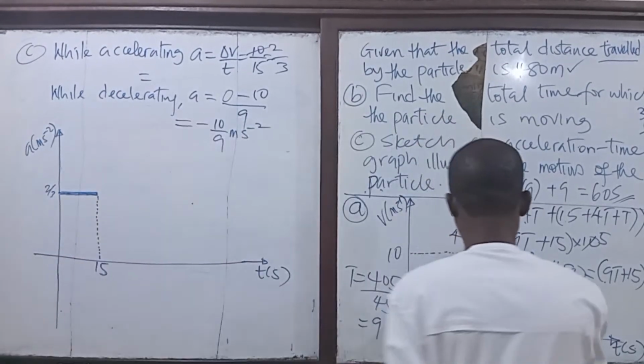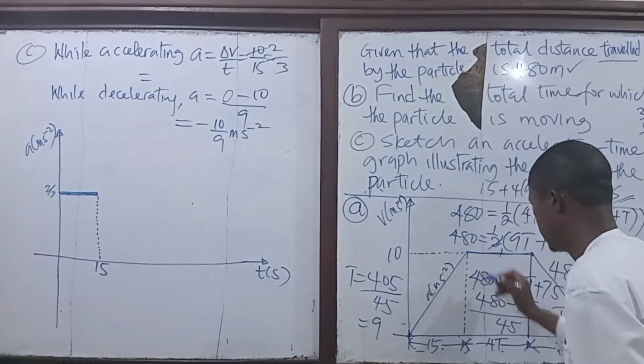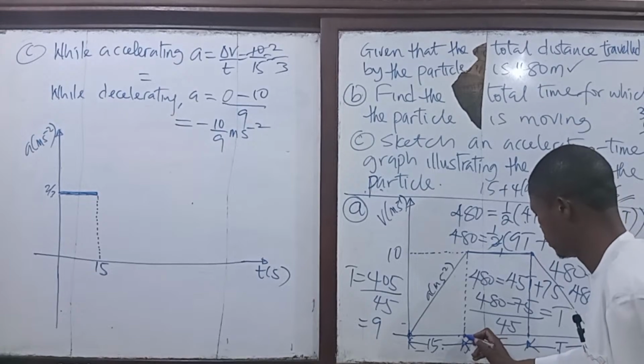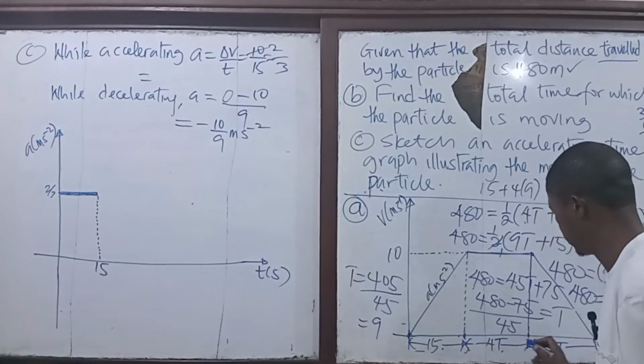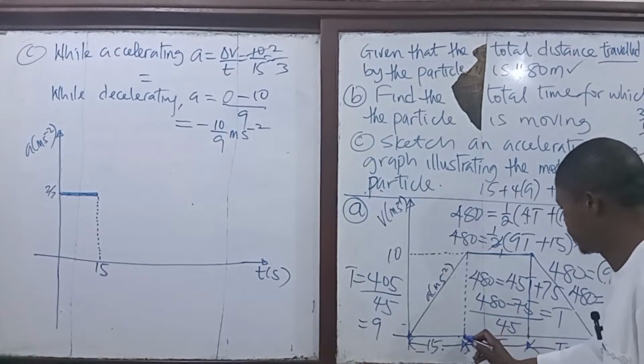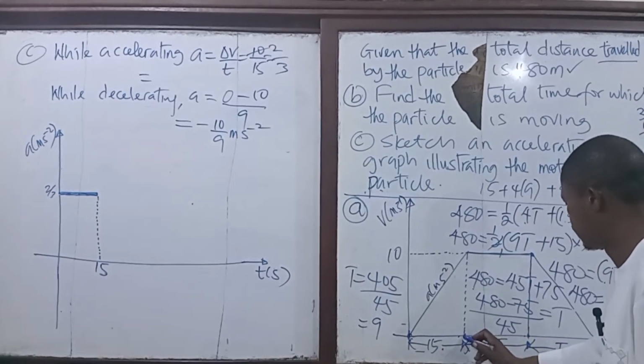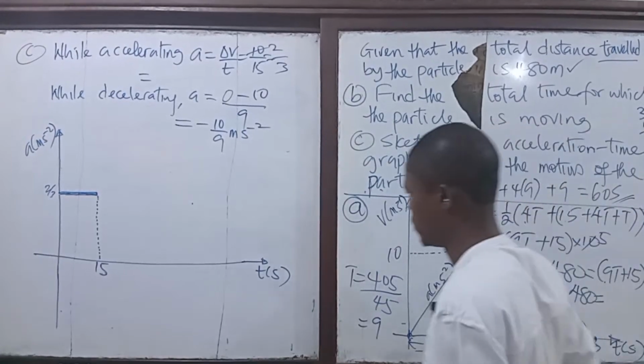Okay, but if we check from this point, 15, to 36, 4 times 9, that's 36. From 15 to 36, there is no acceleration.